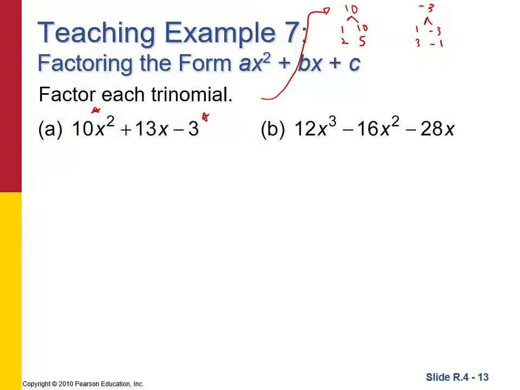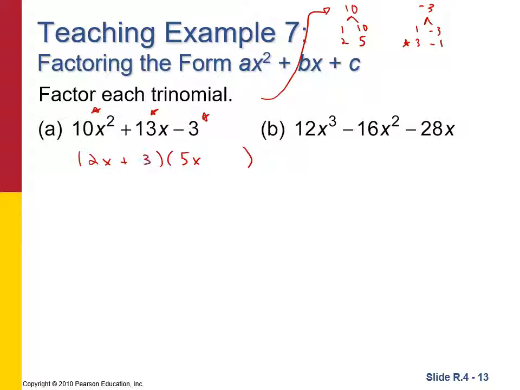So we're actually just going to have to play around with this and see which is the best one to get. So we need factors that will multiply and give us 10. Why don't we try the 2 and 5? All right, so 2x times 5x. And since we have a pretty high number here in the middle, why don't we try the positive 3?